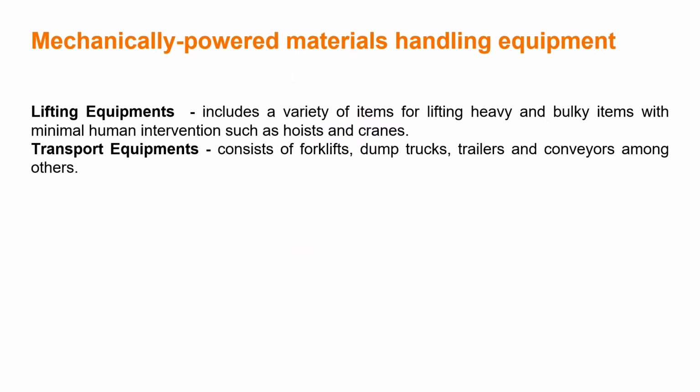As mentioned earlier, there are two types of mechanically powered materials handling equipment. Lifting equipment includes a variety of items for lifting heavy and bulky items with minimal human intervention, such as hoists and cranes. Transport equipment consists of forklifts, dump trucks, trailers, and conveyors, among others.